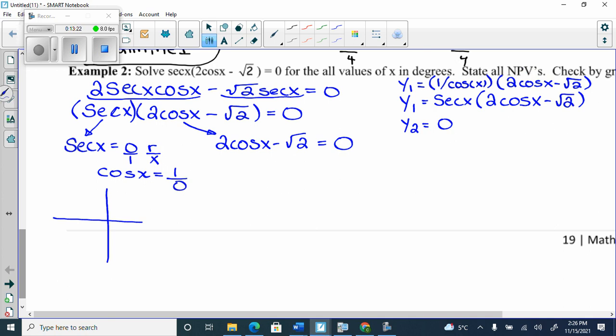Close bracket. Then I said I would go mode, degree, and then I would press zoom trig, because you only want to press zoom trig after you pick the mode, because it puts it in whatever mode it's in, right? So then I go zoom trig.